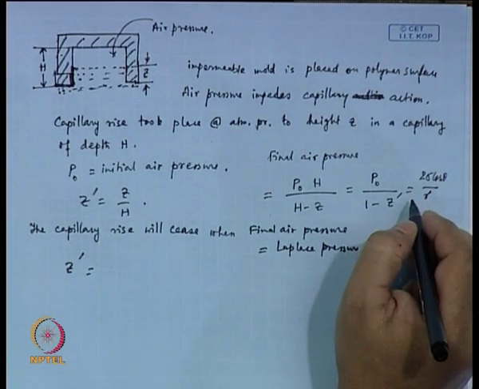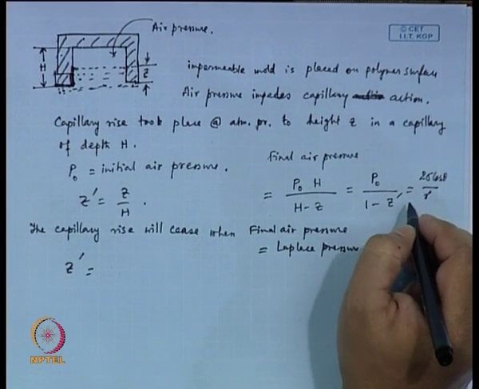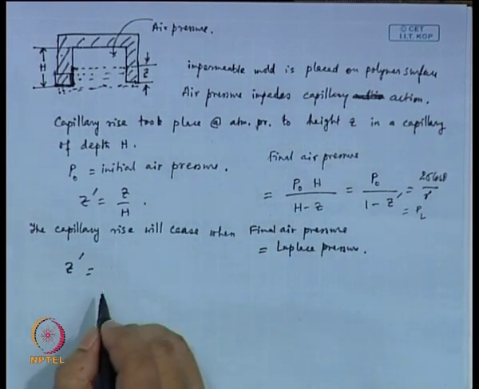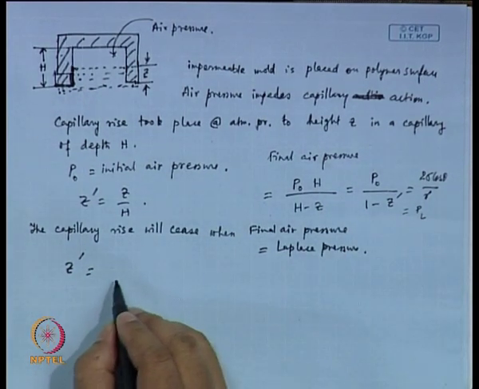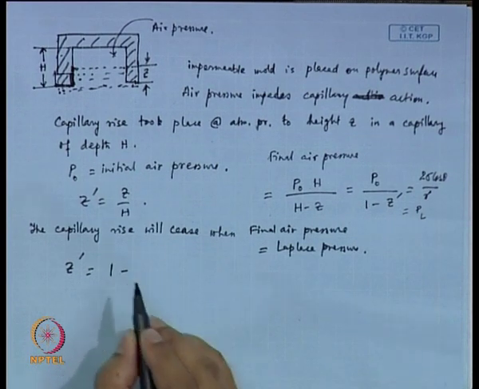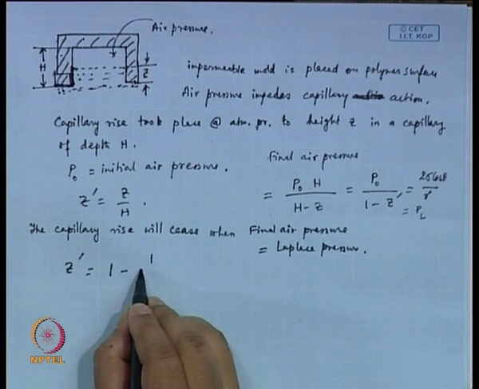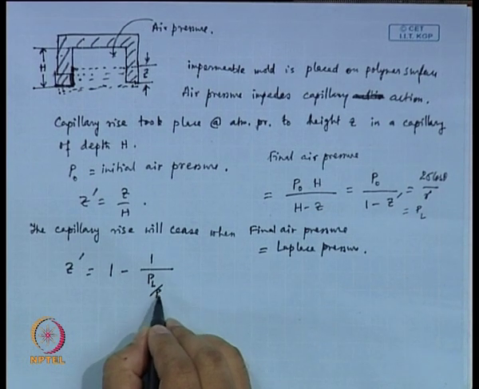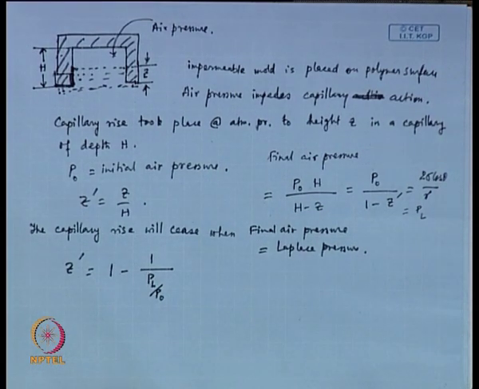If you write this as P L, then you can come up with Z prime as, tell me if I am wrong here, possibly P L divided by P0.